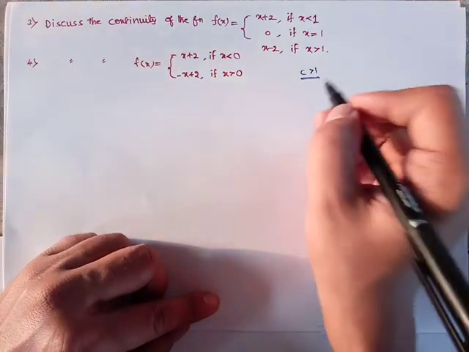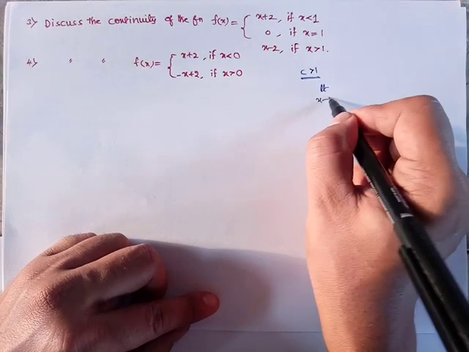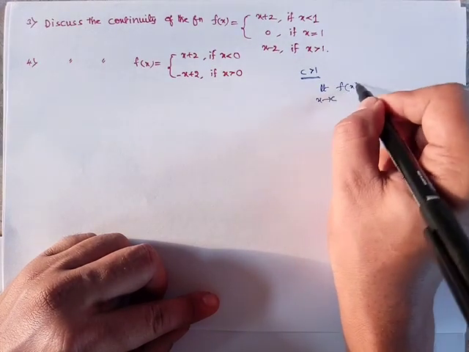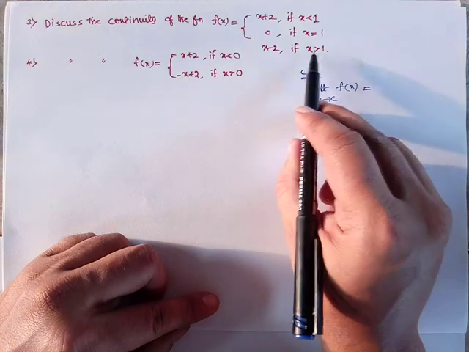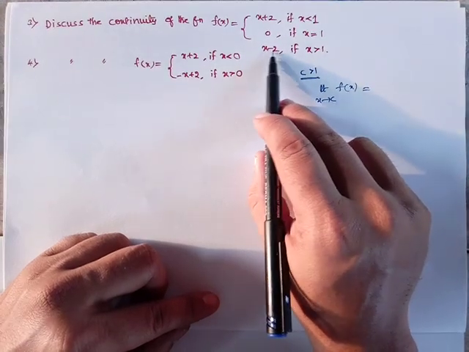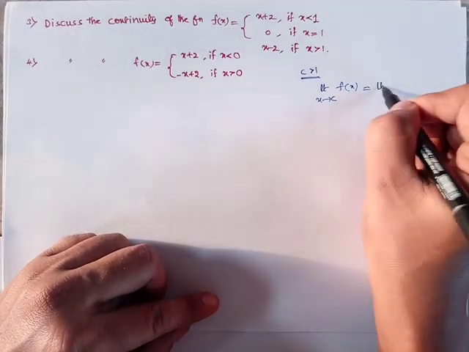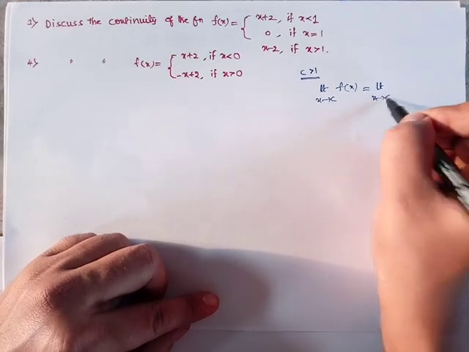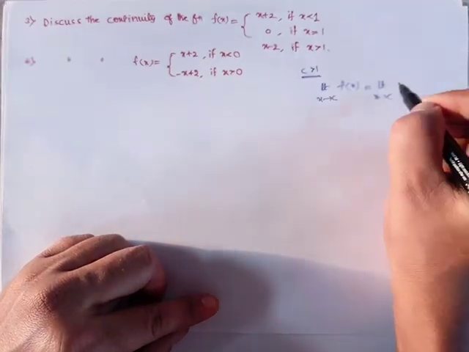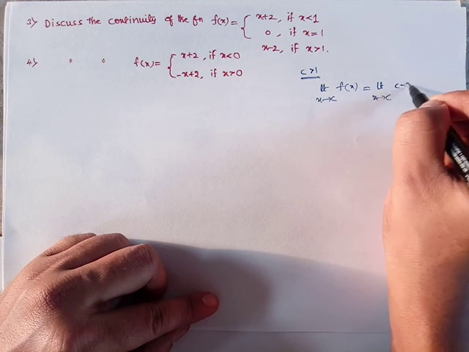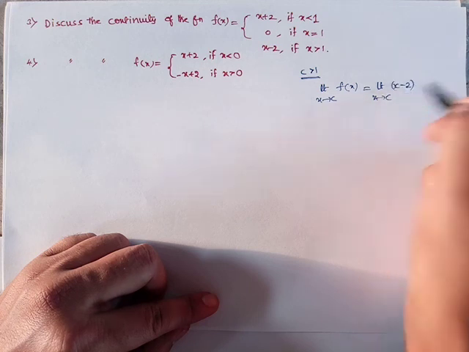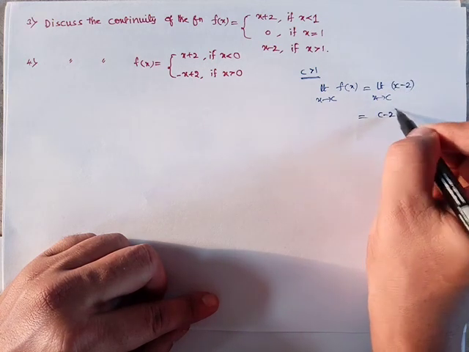C greater than 1, limit x tends to c f of x. For c greater than 1, the function should be taken as x minus 2 here. So limit x tends to c f of x is nothing but x minus 2, and you make it c minus 2.